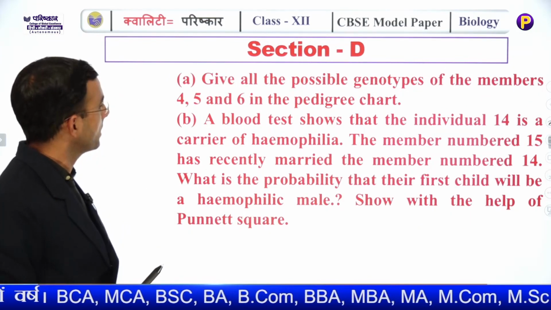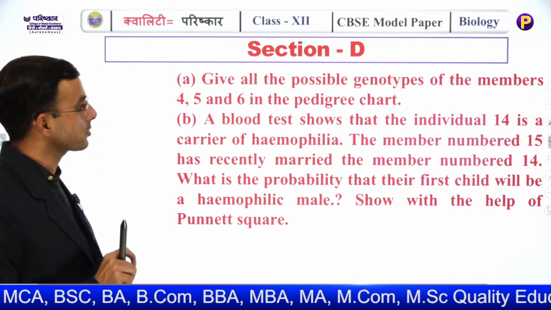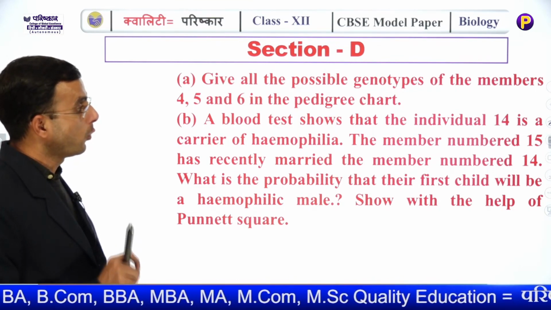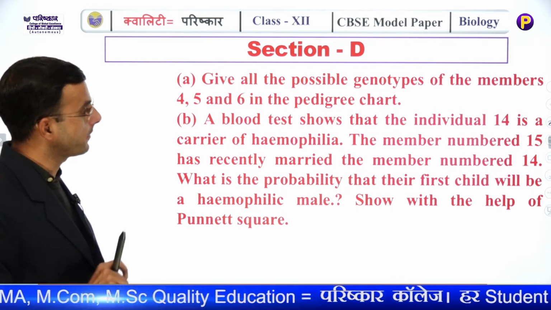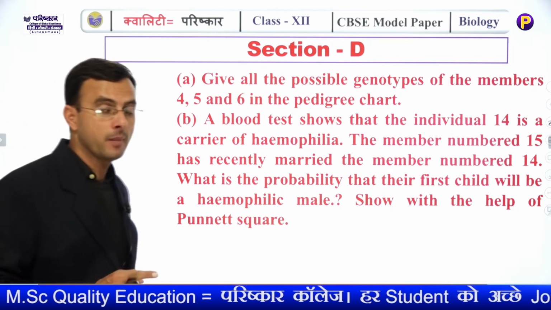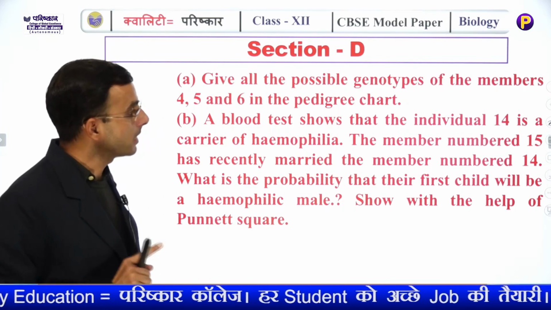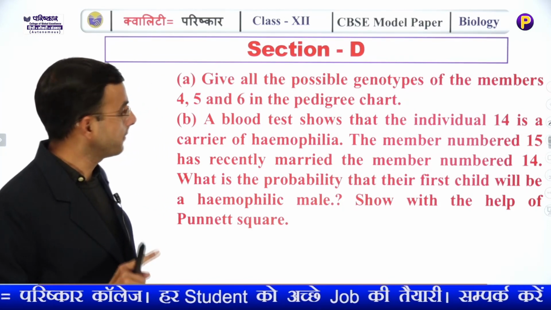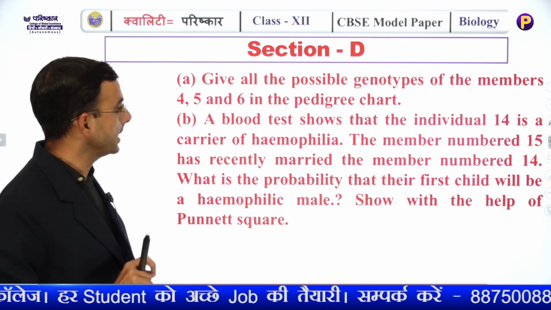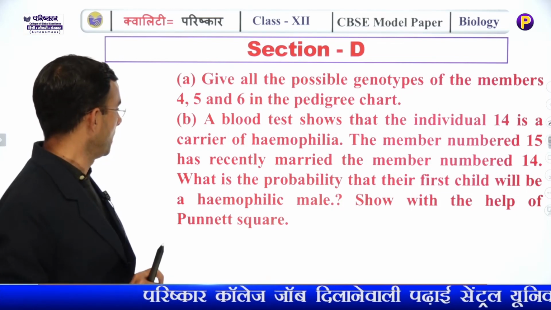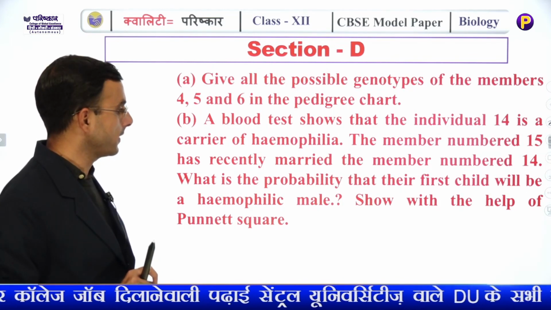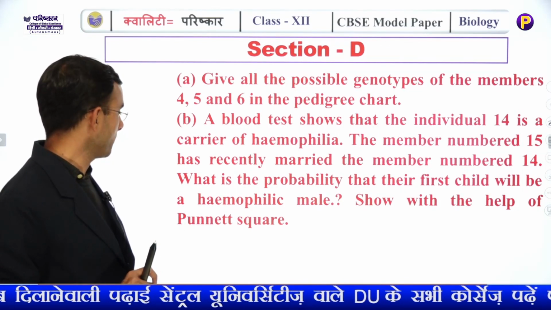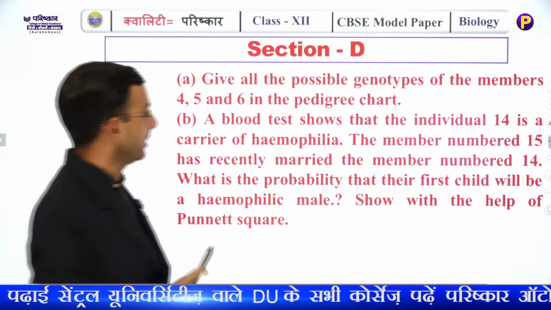The second part: a blood test shows that individual 14 is a carrier of hemophilia. That means she is a carrier, not diseased. Member 15 has recently married member 14. What is the probability that their first child will be hemophilic? Use the Punnett square method.